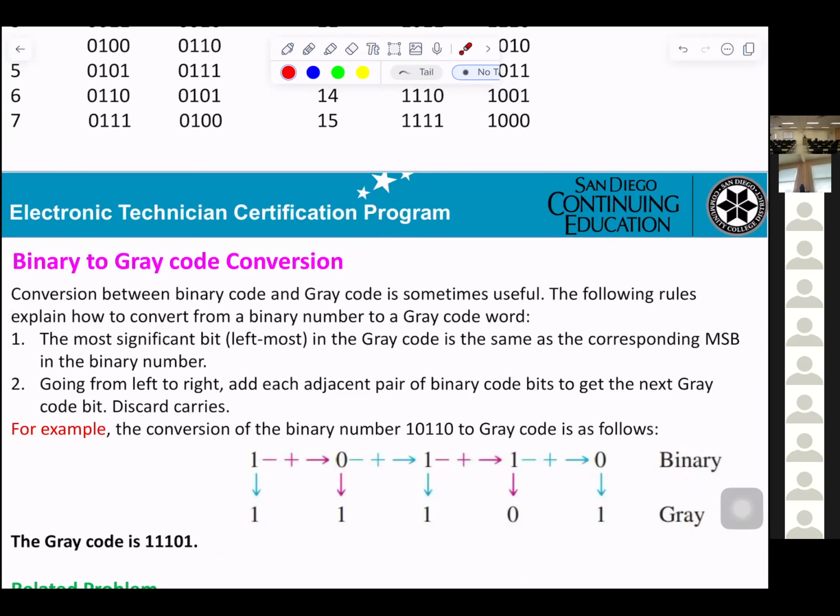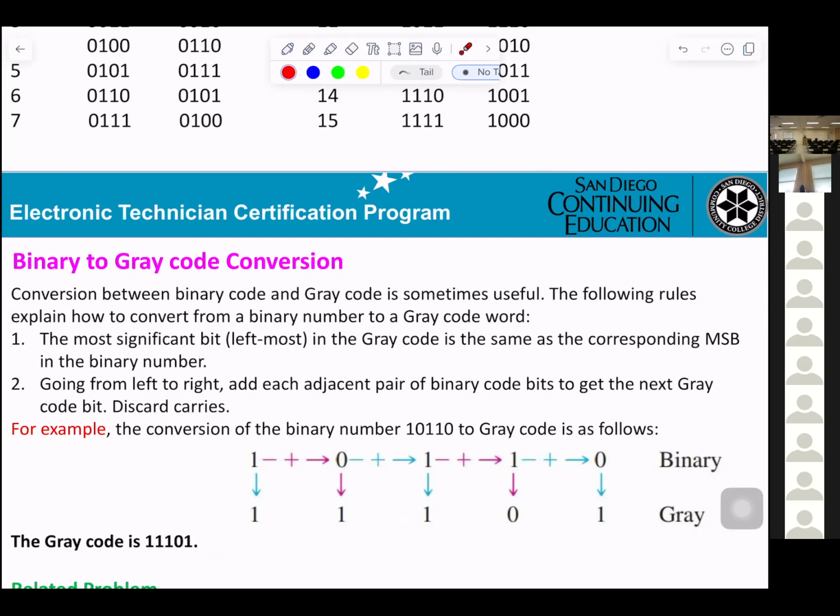Okay. 1 adding to 0, you get the next will be 1. 0 adding to 1, you get a 1. 1 adding to 1, what you get? 0.